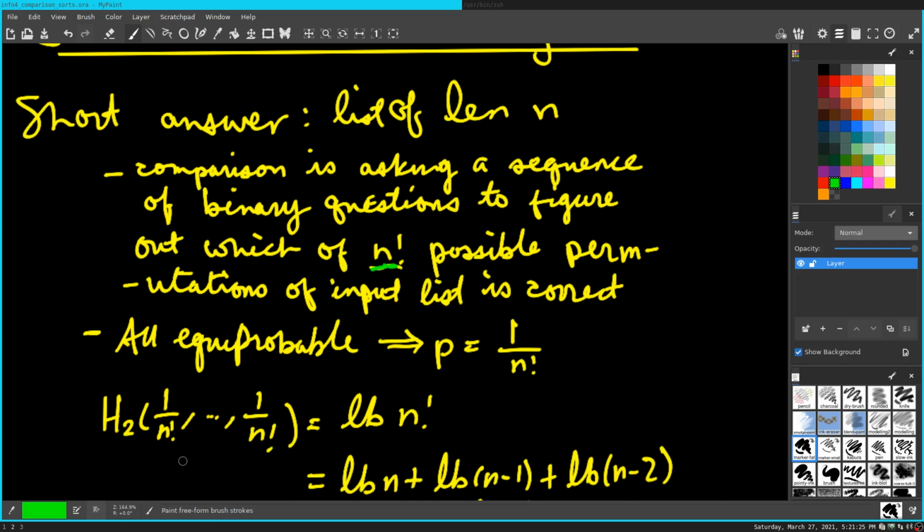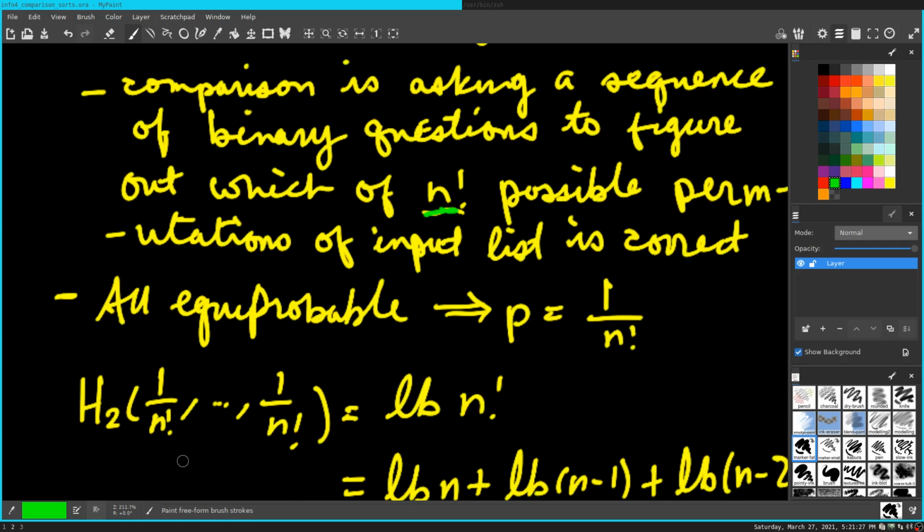As we covered in another video, you just use the formula for entropy: the binary entropy of a uniform distribution of probability 1 over n factorial is the log of n factorial. Now remember, the binary entropy is the minimum average number of binary questions you need to ask in order to find which leaf on the binary tree you're at.